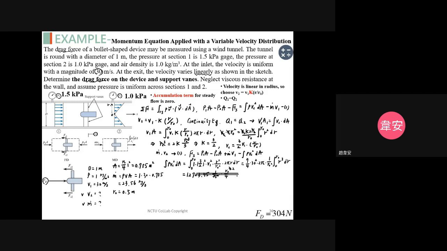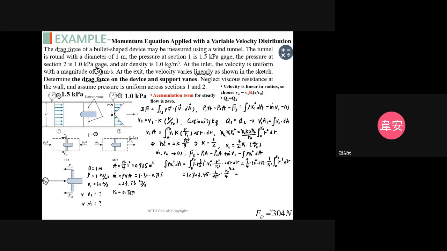And then finally, we know R0 is 0.5. So we continue to multiply 0.5 and 0.5, and then divide by 4.